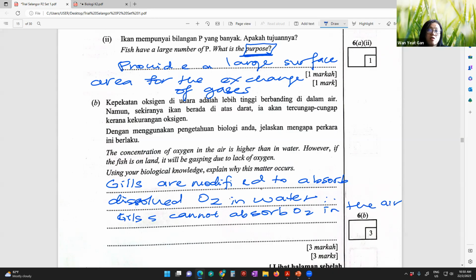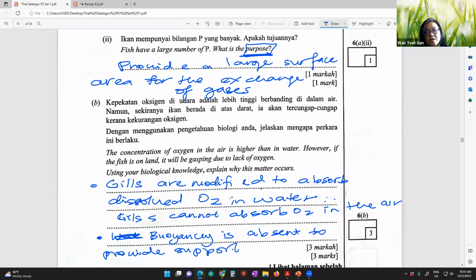Okay, they cannot absorb oxygen directly from the air. Now, the second thing you must know is that the water actually gives support, buoyancy to the gill. Okay, water provide support. So if you take the fish out, then the buoyancy is absent to provide support for the gill structure.